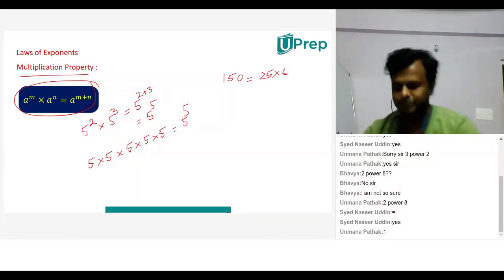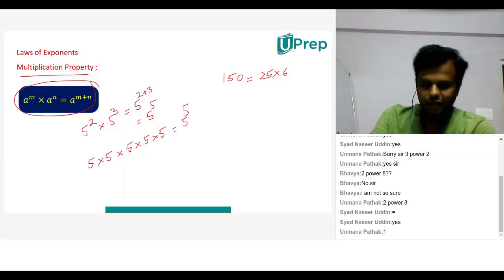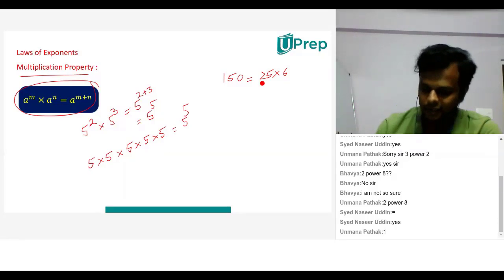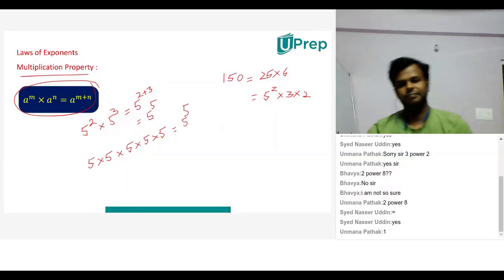Let me put it clearly, Arna, 150 can be written as 25 into 6. Now 25 can be written as 5 square, and 6 can be written as 3 into 2. This is how I write it.